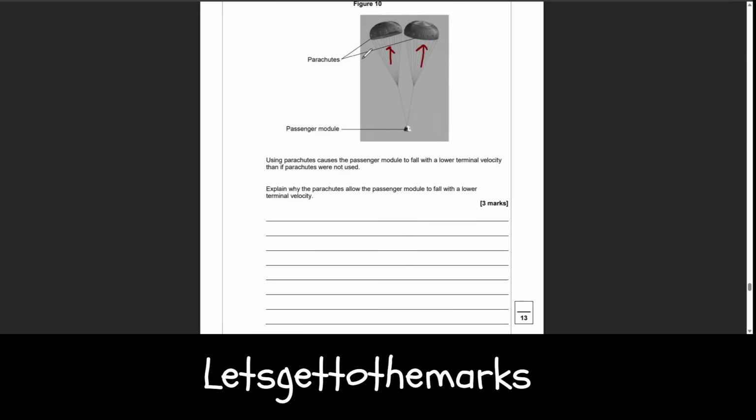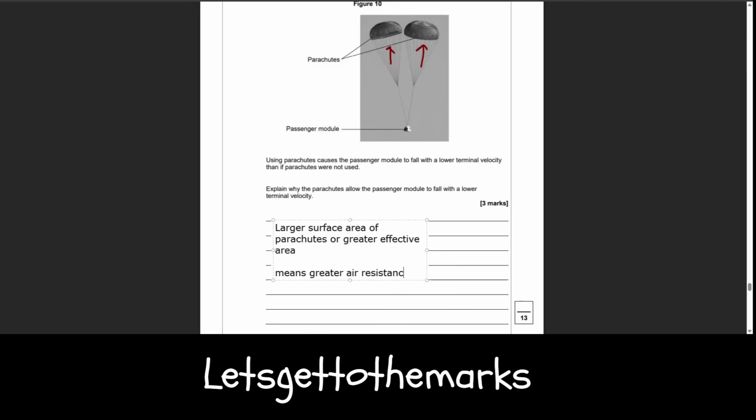Anyway, so what we want to say there really is larger surface area of parachutes or greater effective area means greater air resistance, more air particles collide per second, a greater drop in acceleration, a greater drop in velocity.